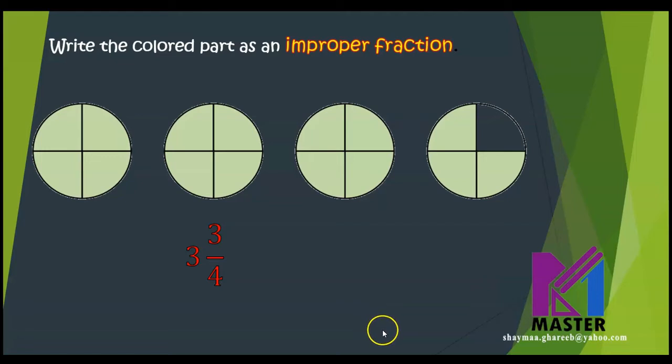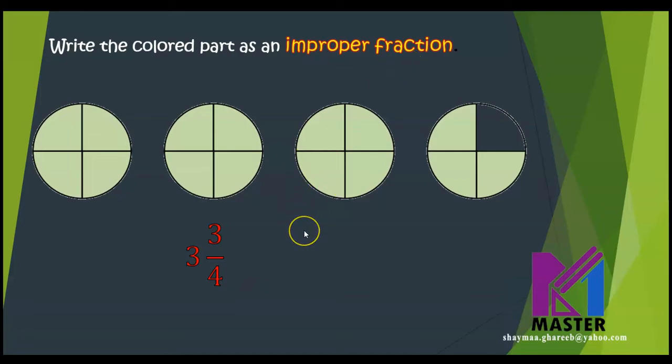This example is exactly the same as the one before. What is the difference? Write the colored part as an improper fraction. We wrote it before as a mixed number, which was 3 and 3 over 4, or 3 and 3/4. Now it's time to write it as an improper fraction.